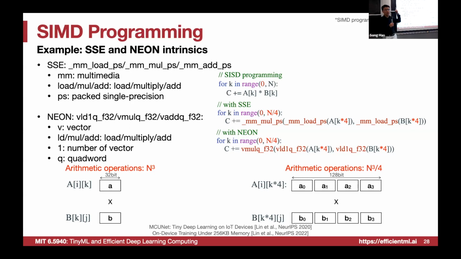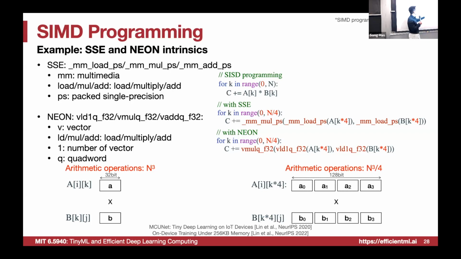So SSE is the SIMD intrinsics or SIMD instructions from Intel, and NEON is the same thing from ARM. Here we are comparing the conventional single instruction, single data programming to do a dot product.